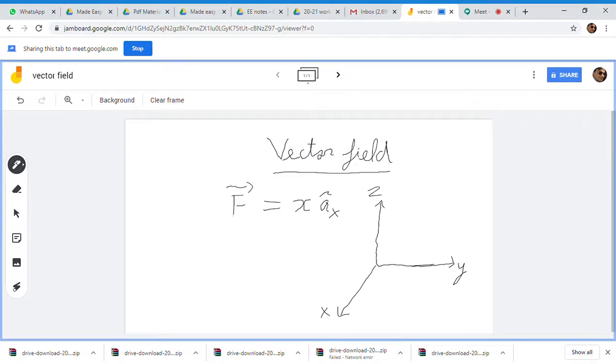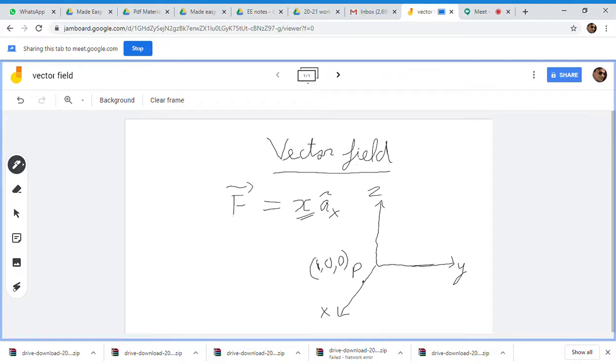So what does this mean? x ax means if we take a point P on this one, and we define this to be (1, 0, 0), then at this point this field will have a direction in the ax direction, meaning the x-axis direction, and the magnitude will be defined by the coordinates.